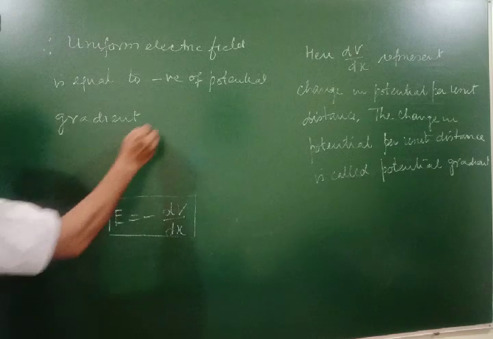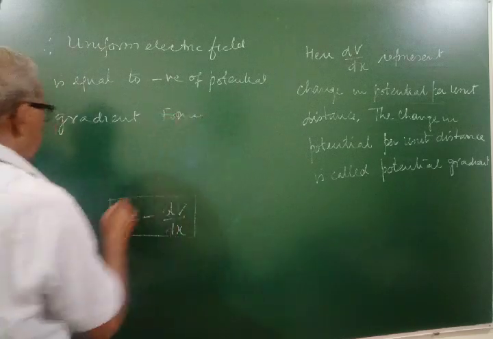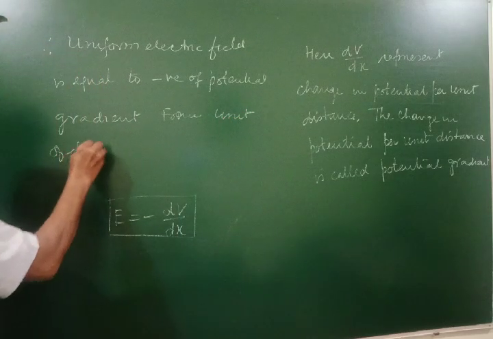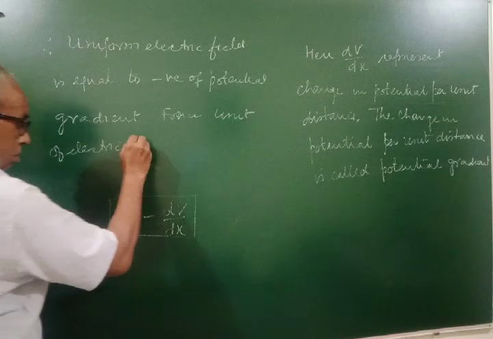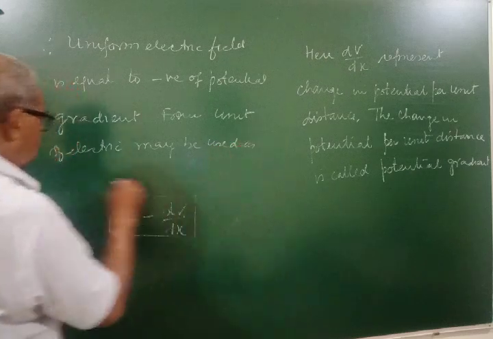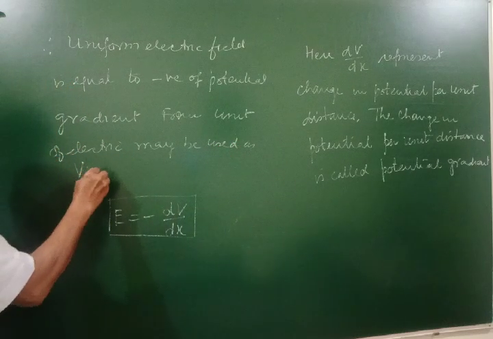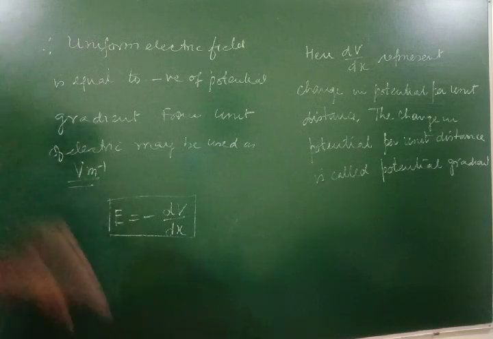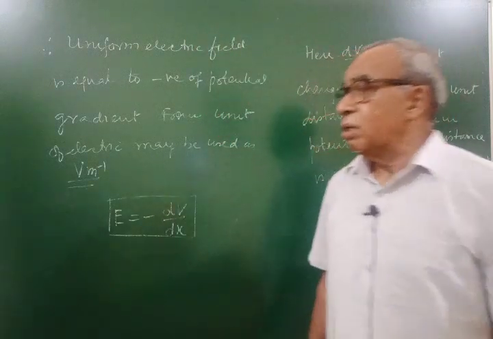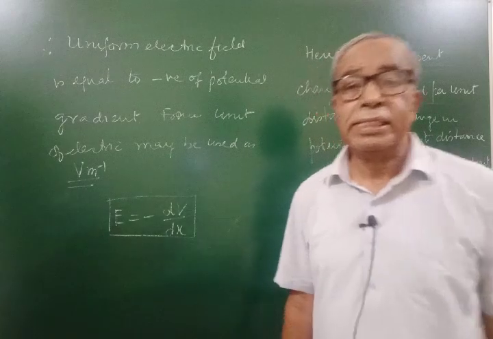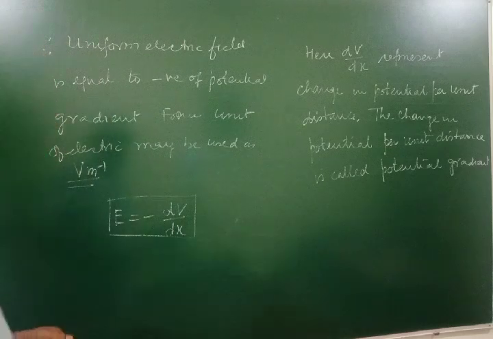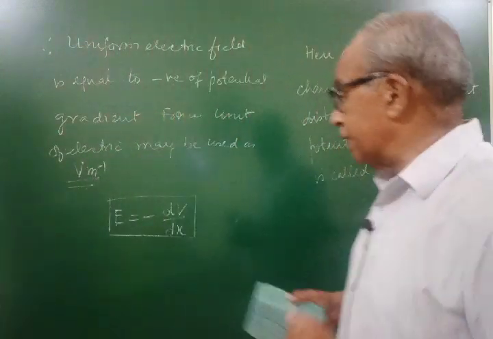From here, the unit of electric field may be used as volt per meter. The unit of electric field may be treated as volt per meter. Till now we were using the unit of electric field, or electric intensity, as Newton per coulomb, now volt per meter.